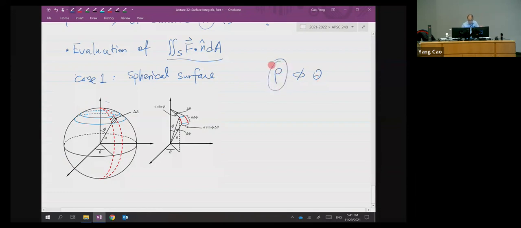Because rho, the distance from the origin to a certain point in 3D space, if I pick any point on the spherical surface, is actually constant. It's the radius of the sphere. So I don't need to worry about rho because it is a constant under this case number 1.